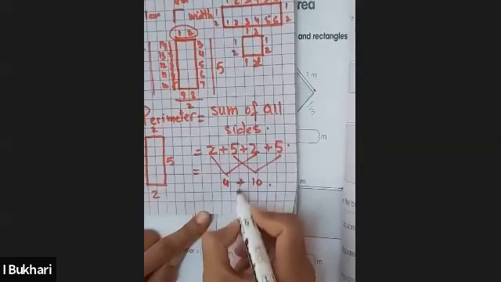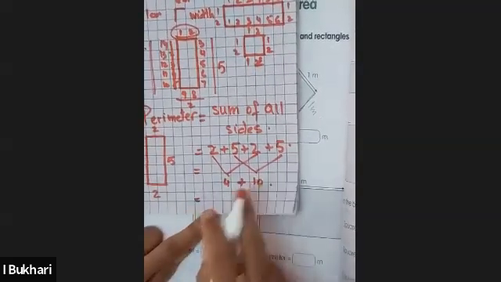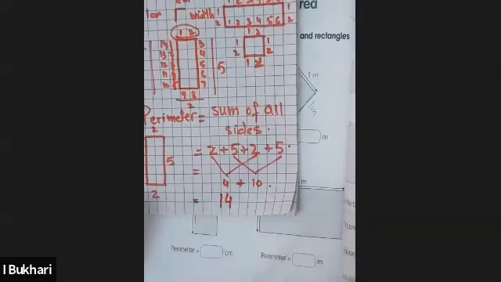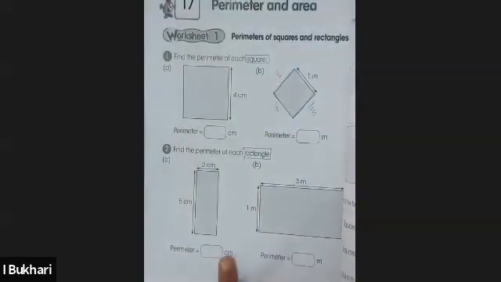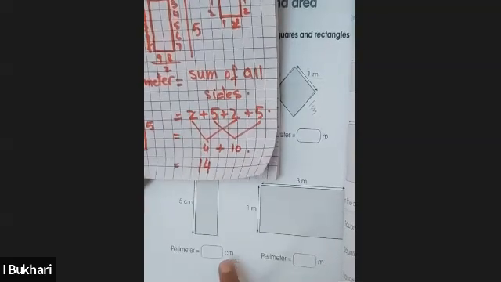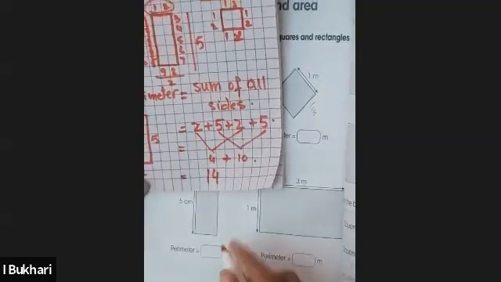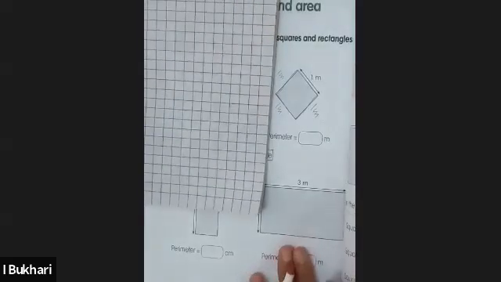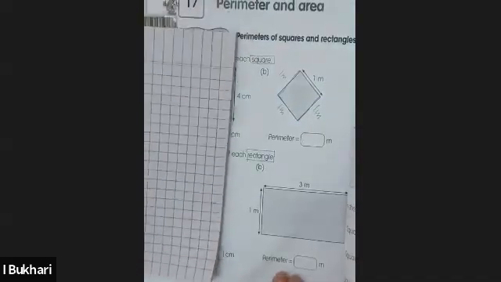And 2 plus 2 is 4. 4 plus 10 is 14. What is the unit given in the question? Centimeters. 14 centimeters.